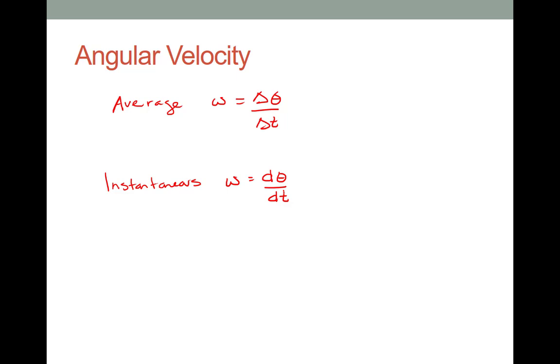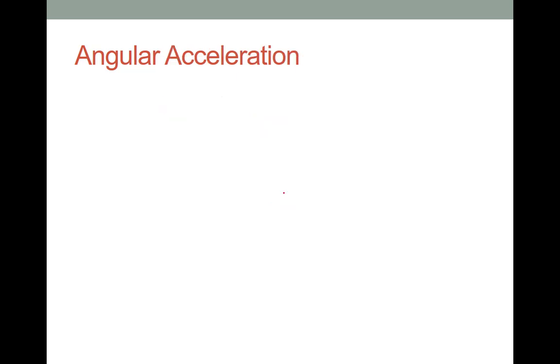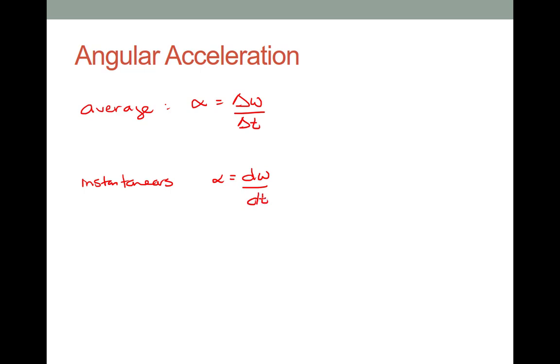And lastly, we can ask, is the angular velocity constant? And if it is not, then we have an angular acceleration. Angular acceleration also has two forms, an average angular acceleration, which is a change in angular velocity over a change in time, or we can look at the instantaneous, which is the derivative of the angular velocity with respect to time.